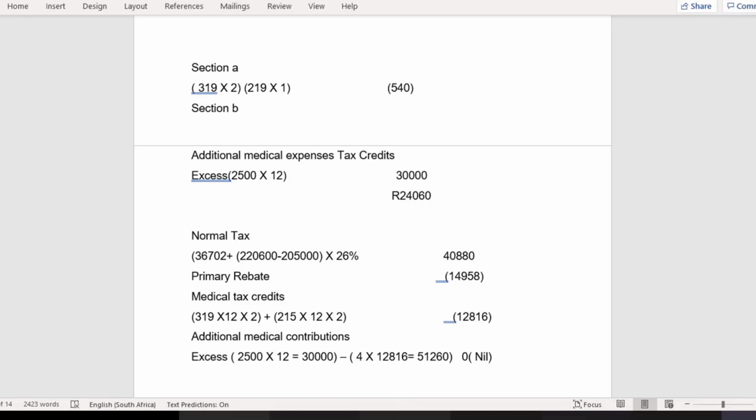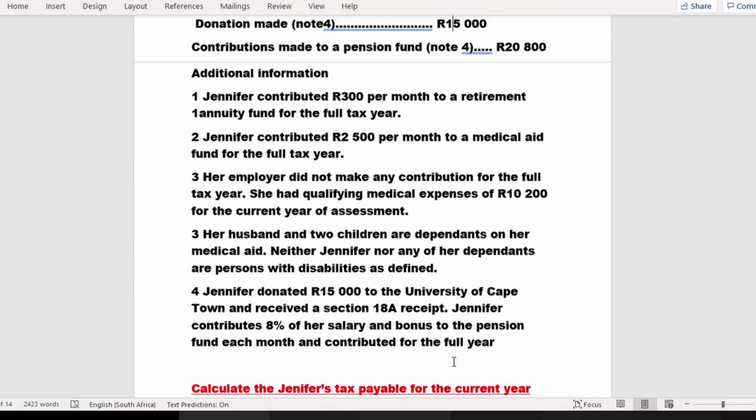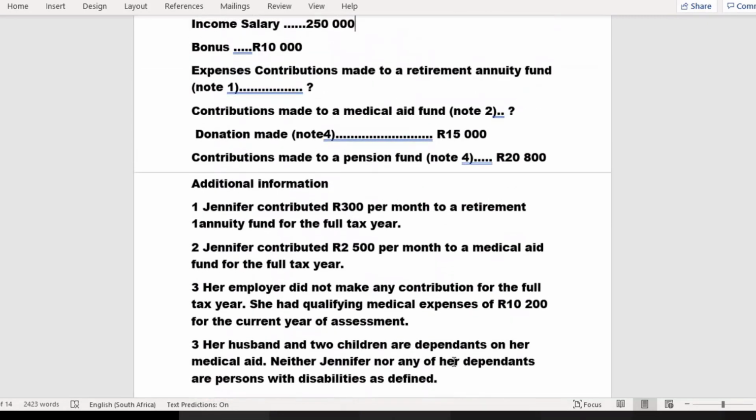Were there any other expenses that were made, like over-the-counter medical medications? Let's go back to the questions and look at that part. Let's have a look at the expenses: the contribution to this medical aid is 10,200 for the current year, and there's 10,200 rand for the qualified medical expenses.